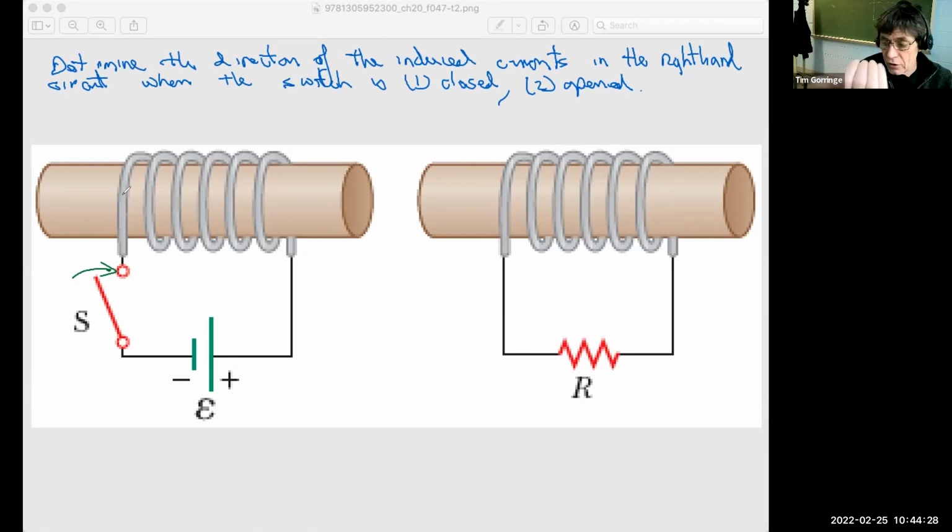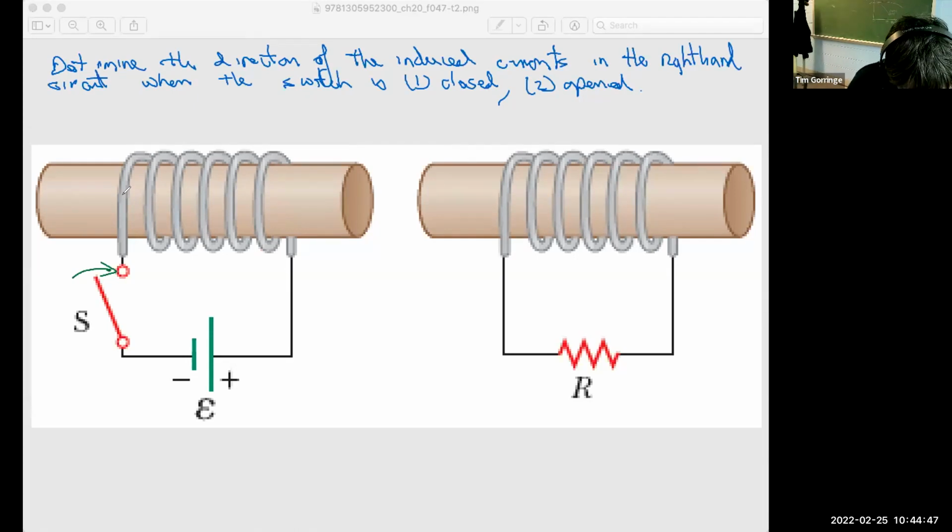So you curl your fingers in the direction of the flow of electrical current, and your thumb will point in the direction of the resulting magnetic field that's produced from this loop of wire or solenoid. So let's do that.